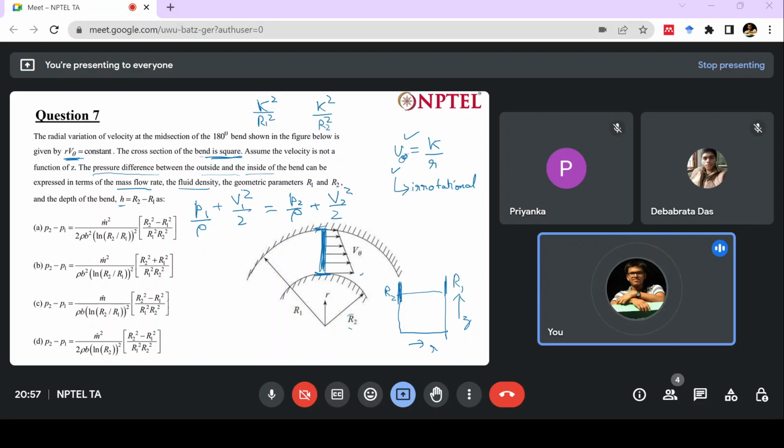Let's see. So option B, right? P2 minus P1 I have to calculate. So P2 minus P1 is taken on one side. So you will have rho K square is there, and you will have this 1 by R2 square minus R1 square, right?